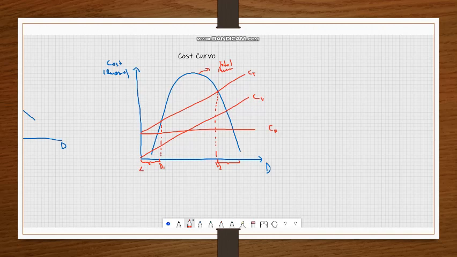So here is the loss region. So if you have a product less than this guy, it means you are losing money. If the demand is higher than this one, it's gonna be again in a loss region. Why? Because your total cost is bigger than your revenue.